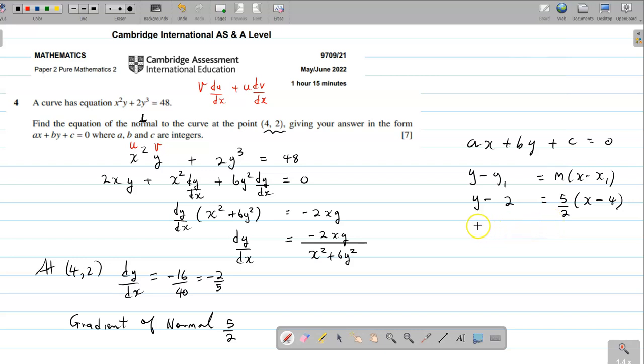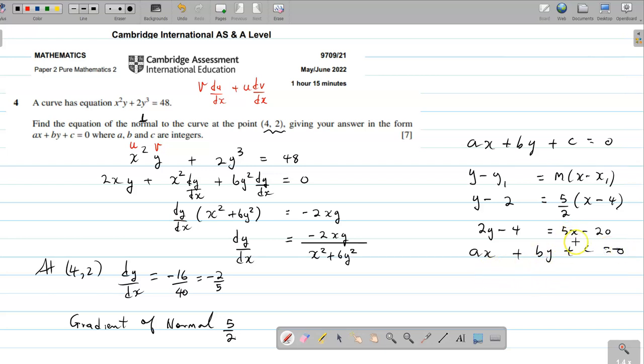Multiply both sides by 2, so we get 2y minus 4 would equal 5x minus 20. We want to write it in this form, so it means that, let's write it down here, we have ax plus by plus c equals 0.